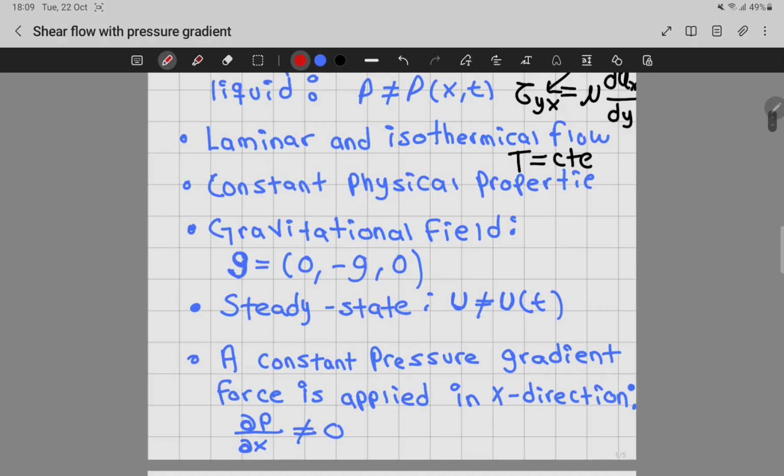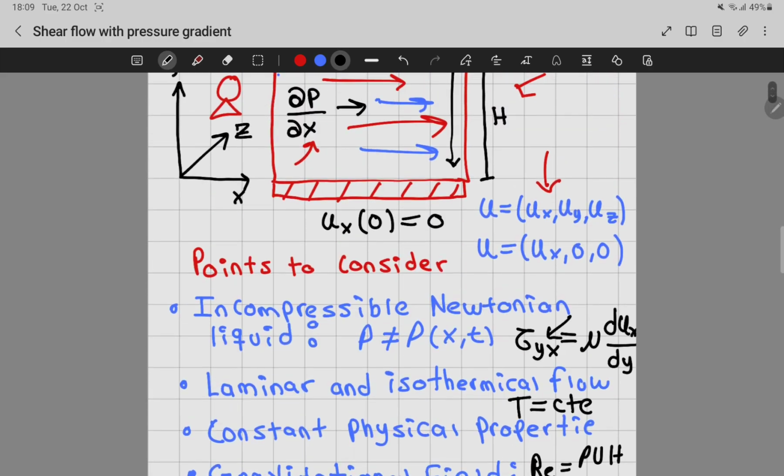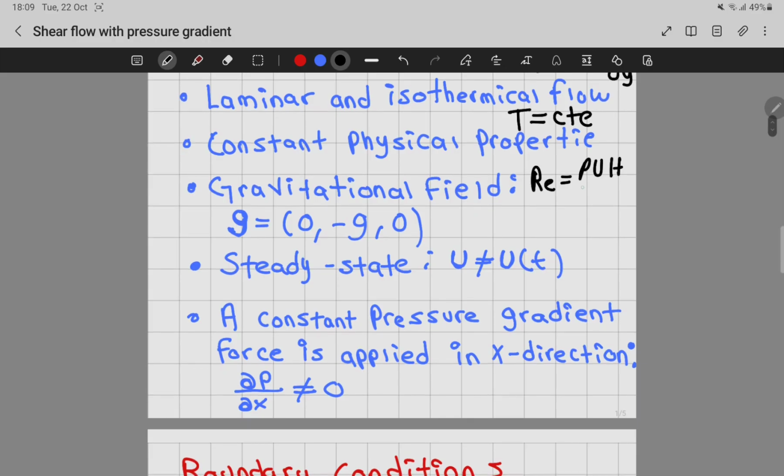Laminar flow is observed when the Reynolds number, which is the product between the density, velocity, and height, which is this length, over the viscosity, is small.